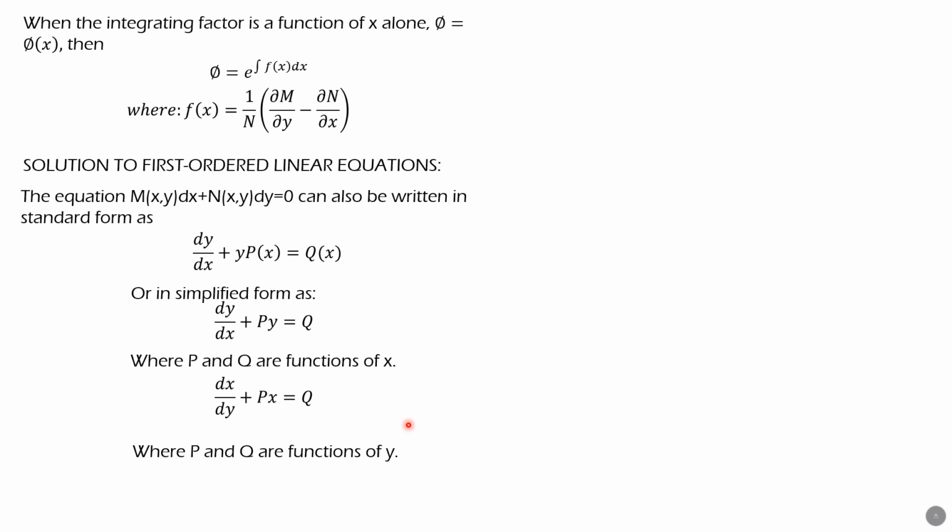So going back to this equation here, we multiply everything by the differential of x. So dy plus y P of x dx equals Q of x dx. Writing this in this form, we have quantity y P of x minus Q of x close dx plus dy equals 0.